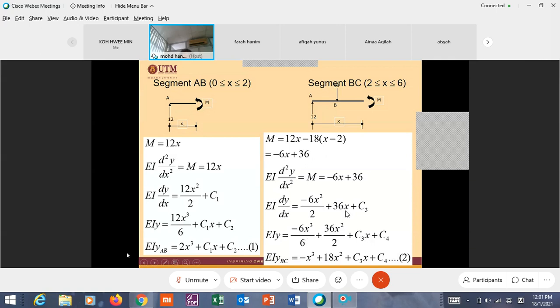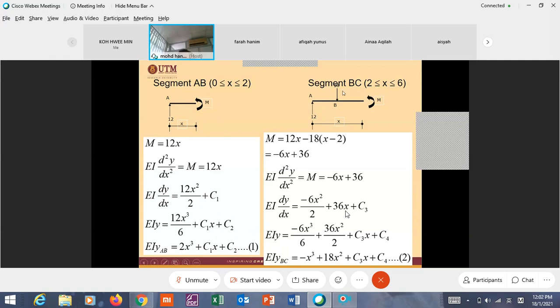And now we have equation 1 and equation 2 for deflection. You notice here, in the previous example, we had two unknown constants.